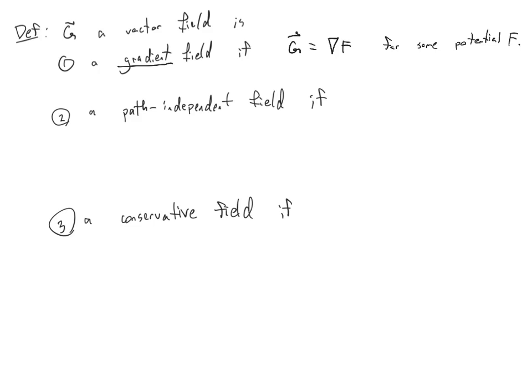We will say that it's path independent if the integral, or the flow, of G along a curve C depends only on its endpoints. So the integral is equal for any curve C with the same endpoints.